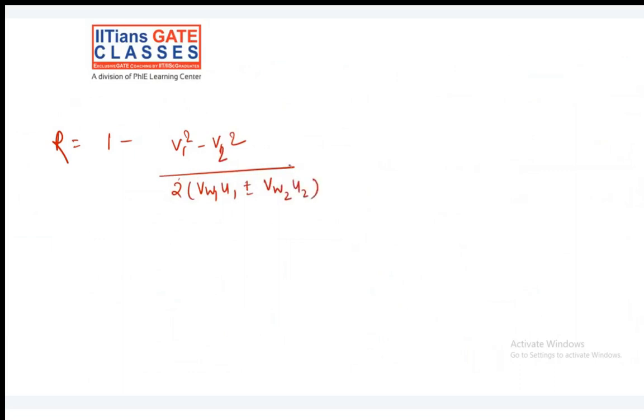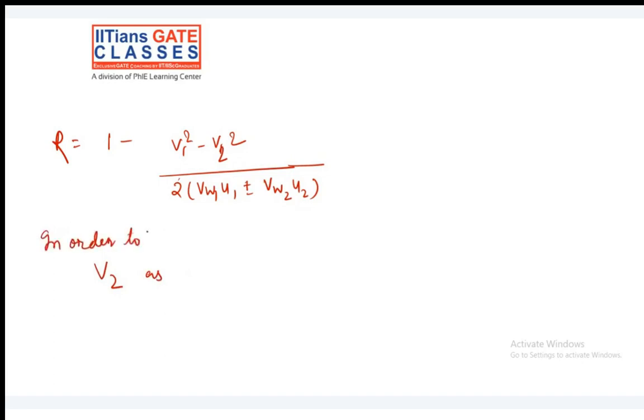Okay. So let us look at a few things in it. Whenever you are trying to utilize your kinetic energy at the maximum, whatever kinetic energy you had, for it to be maximally utilized, your V2 value should be as low as possible.